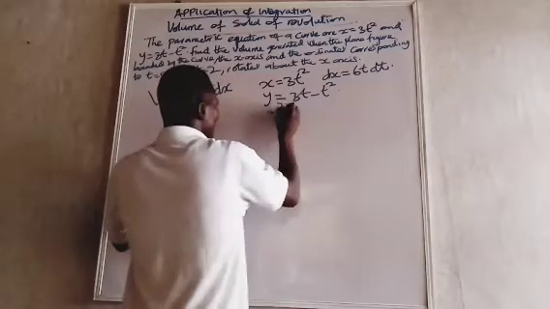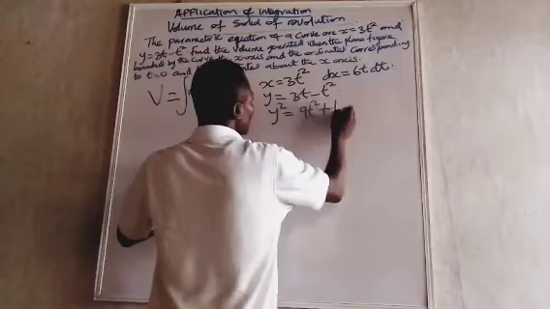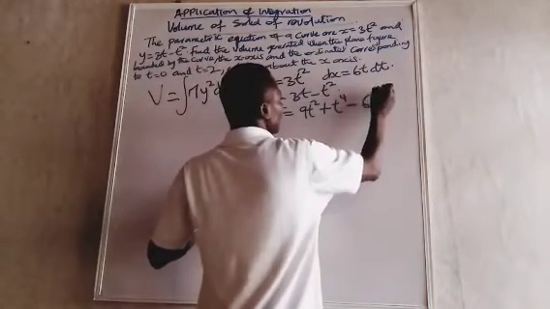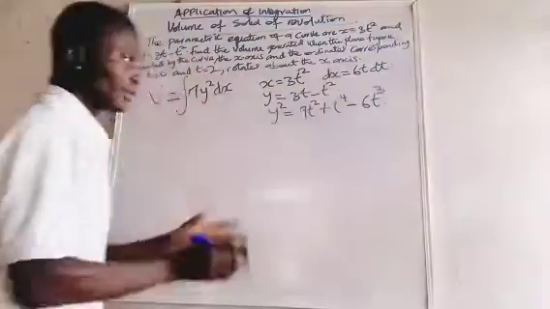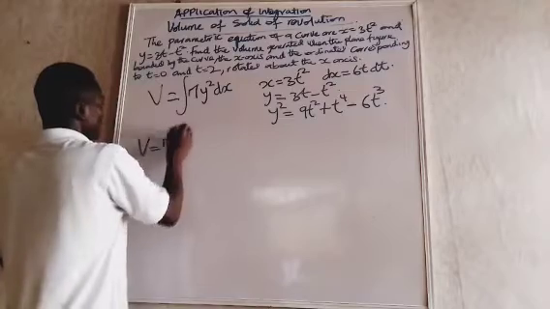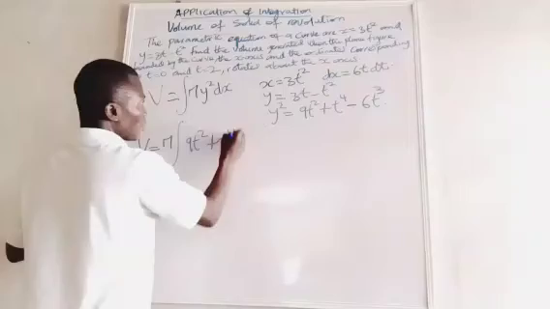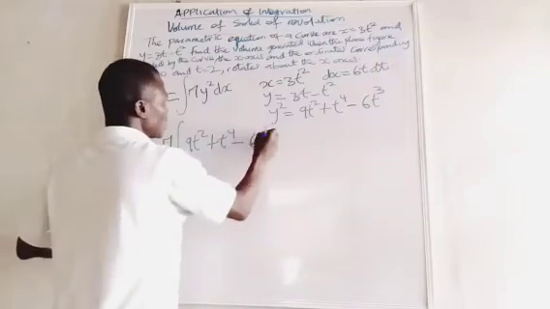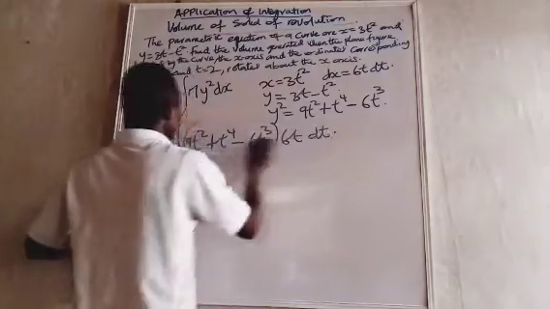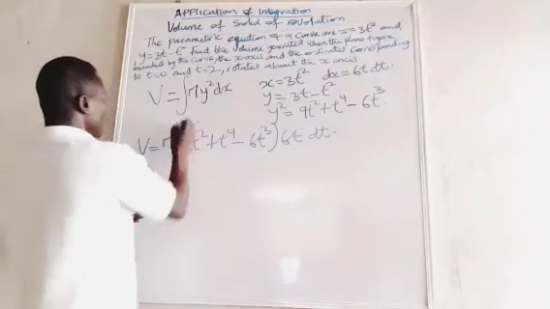So y squared is going to be 9t squared plus t to the power 4 minus 6t cubed. You can see. Therefore, V will be equal to pi times the integral of 9t squared plus t to the power 4 minus 6t cubed, times 6t dt. What is the range? From 0 to 2.